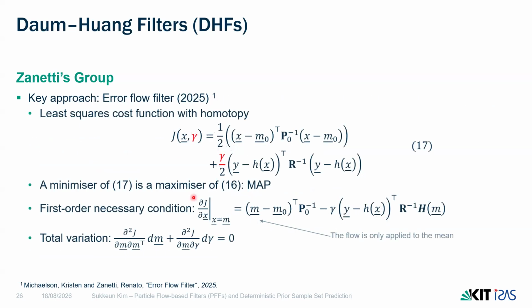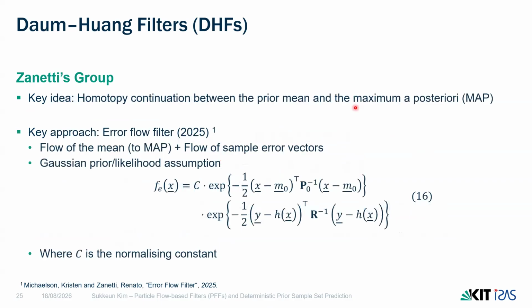What we want to do is define a least squares cost function as a function of gamma. As you can see here, gamma is multiplied to this likelihood part, so it's basically the same as the log likelihood with the Gaussian assumption. What we want to find is a minimizer of equation 17, which is a maximizer of the previous equation 16.